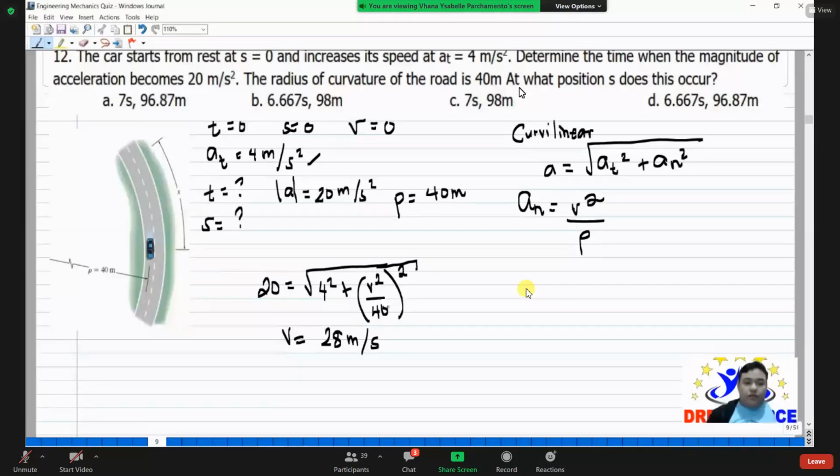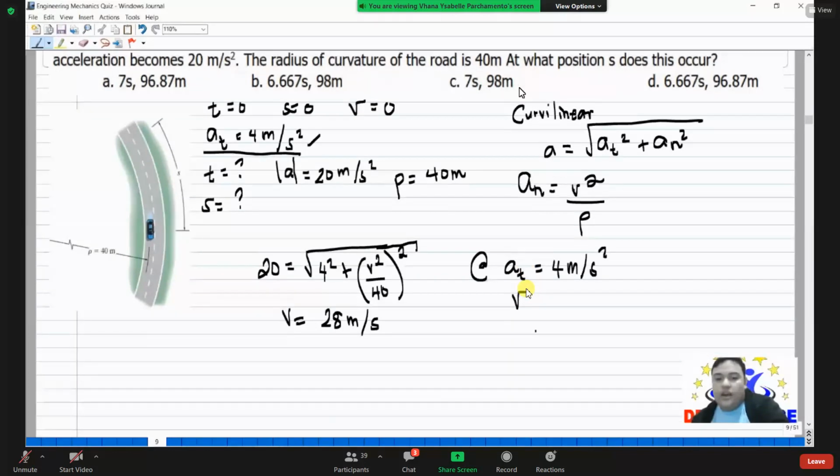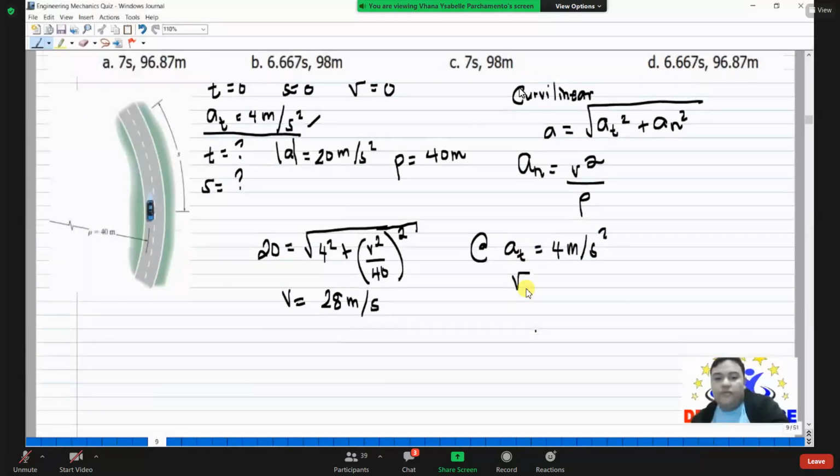So ngayon, since time yung hinahanap, so we will consider your tangential acceleration. So at your tangential acceleration, A sub t is equal to 4 meters per second squared. So therefore, equation of motions, so we have Vf is equal to Vo plus A sub t times t.